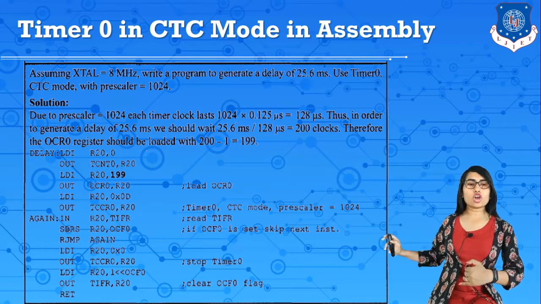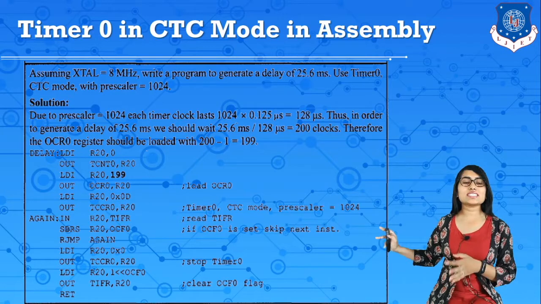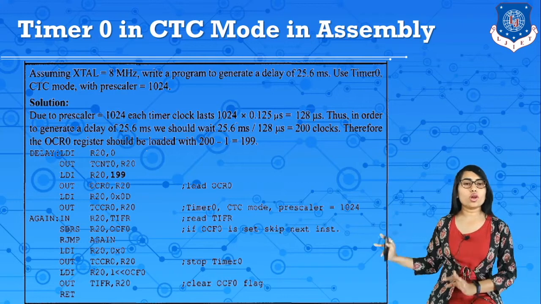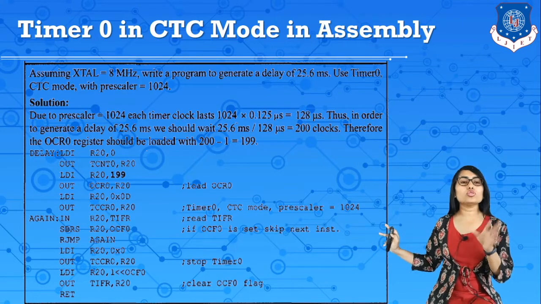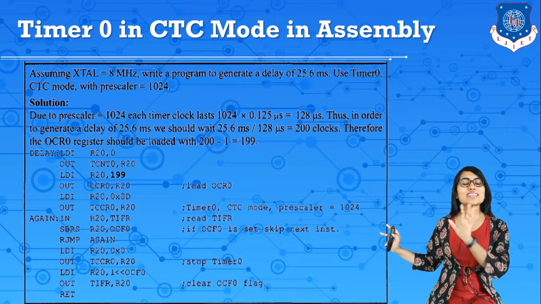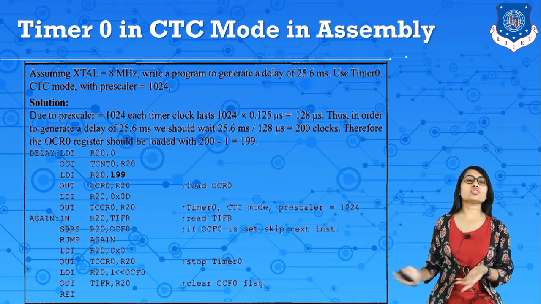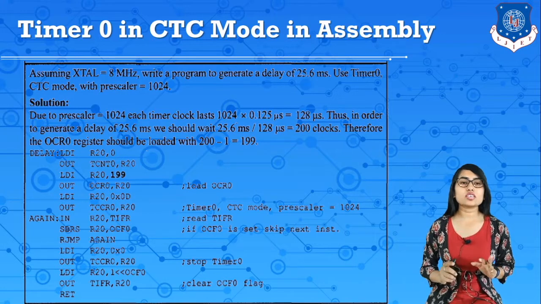So it will stop the counter by making TCCR0 equal to 0 and clear TIFR. So this is how CTC mode works. In CTC mode we have to load 0 in TCNT0 and load the value in OCR0. So this is timer 0 in CTC mode in assembly.